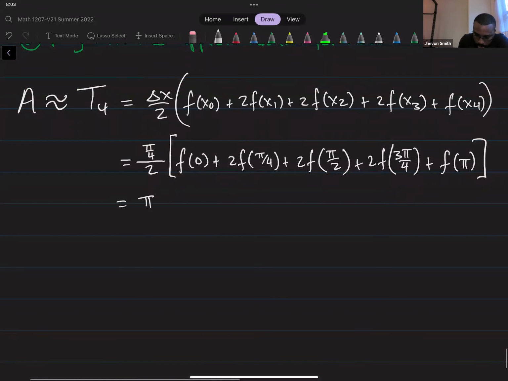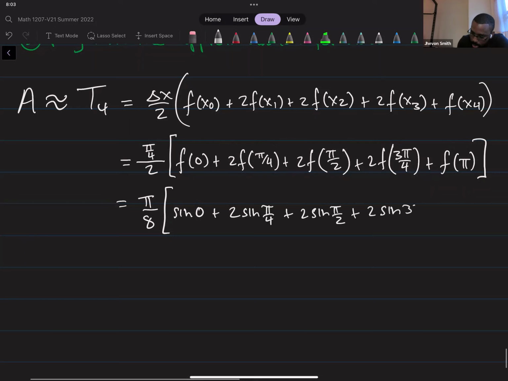So this is actually pi over 8. What is our f? This is sine. So it's sine of 0 plus 2 sine pi over 4 plus 2 sine pi over 2 plus 2 sine 3 pi over 4 plus sine pi.